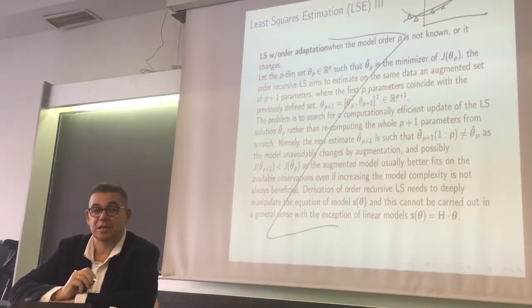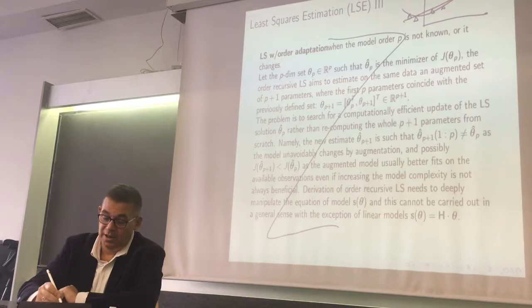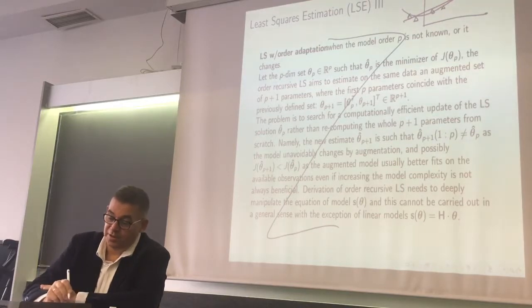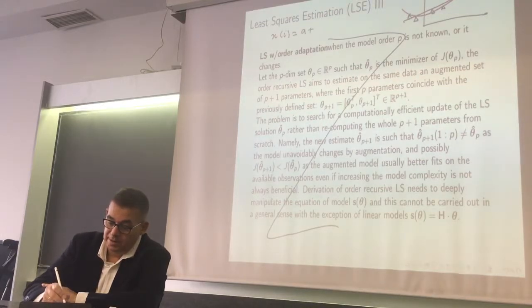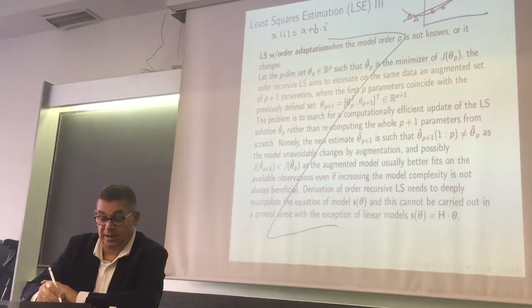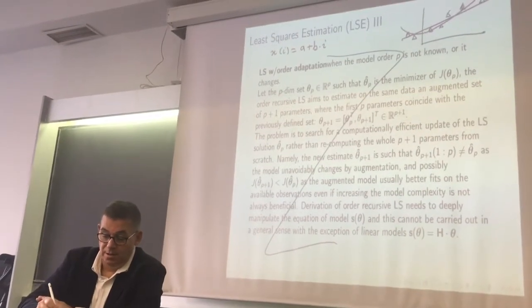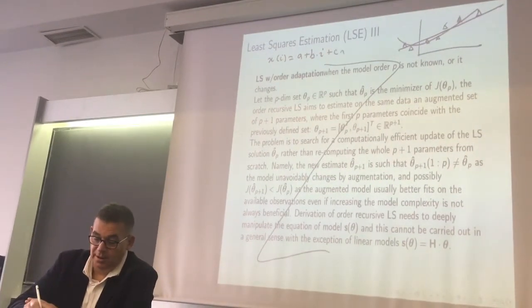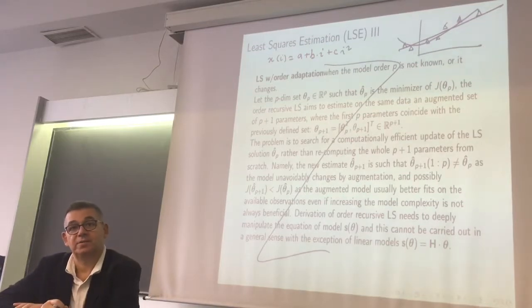What is the difference between linear and quadratic? The major difference is the following. In the linear case, I am modeling the data x_i as equal to a plus b times i. This is the linear case. But the quadratic is a plus b i plus c i squared. Okay?